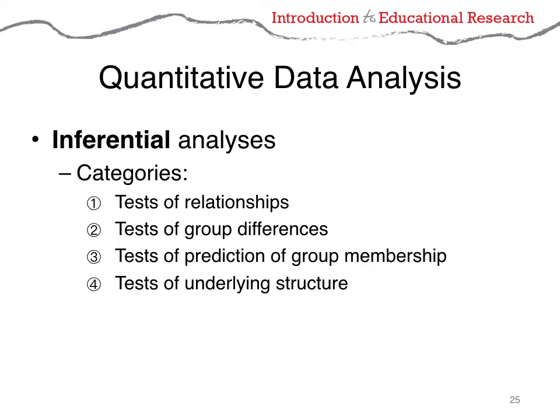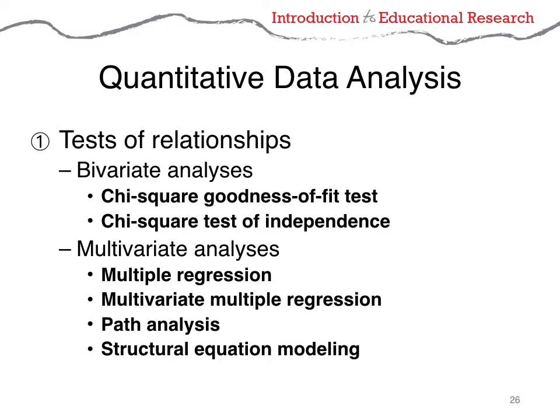And then what I really want to show you about is this effect. But there are different types of inferential analyses we can do. We can look for relationships, group differences, prediction. We can look at the underlying structure of the data. Like we talked about before, you have bivariate analyses, bi meaning two variable analyses. And then we have multiple variable analyses or multivariate analyses.